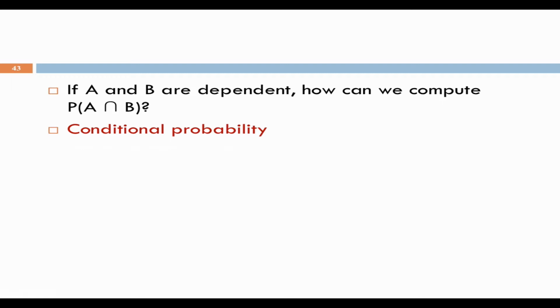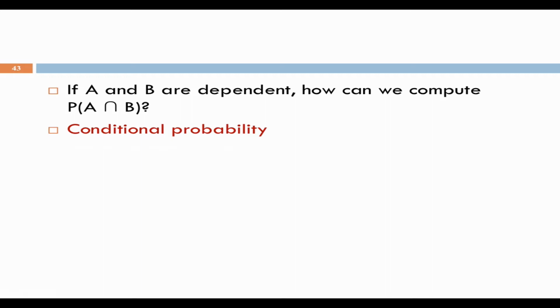When A and B are independent, we know that the probability of intersection just equals the product of these two probabilities. What if they're dependent? If you're asked to compute the probability of A intersect B, how do you compute it?